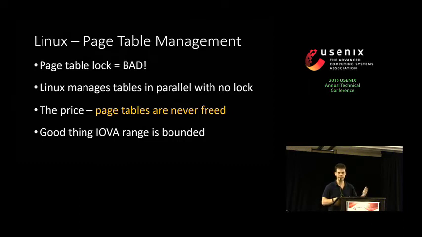And we go into full detail of how it is done in our paper, naturally. But the main thing to know about this method of management is that page tables in Linux are never freed. So any page table you allocate into your paging structure is going to be there forever. And that's the reason it's a good thing that our allocator makes sure that we are working in a relatively bounded area of the virtual address space.